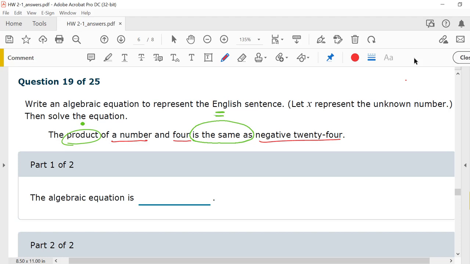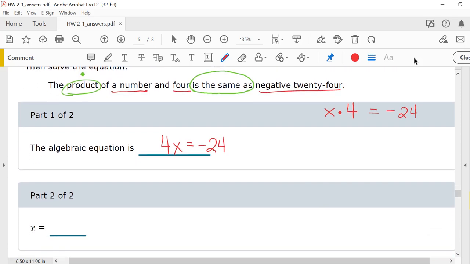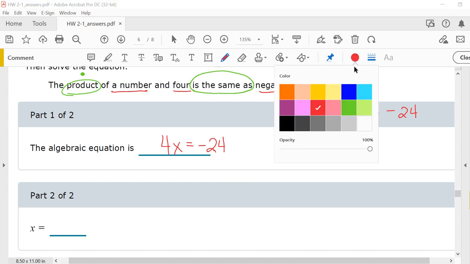Let's go turn that into math. We're multiplying two things, product of a number, which is x, and 4 is the same as -24. Now, usually we don't write x times 4, we write 4x. And that equals -24. How are we going to solve that equation? We need to get x by itself.